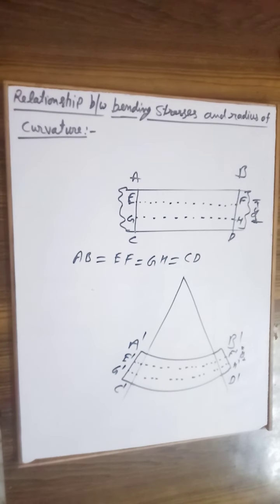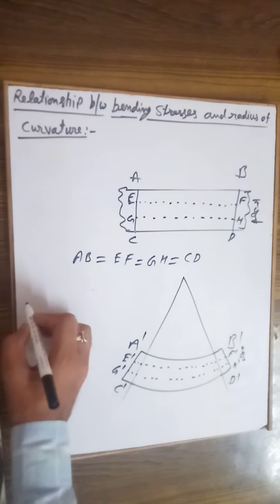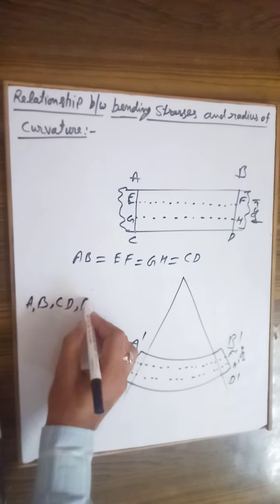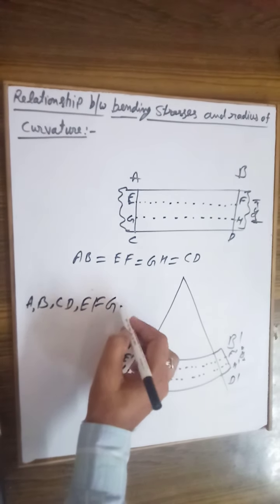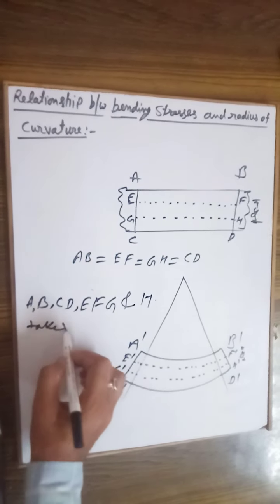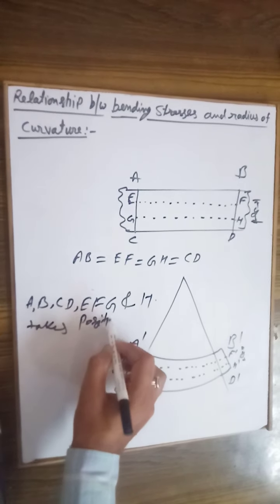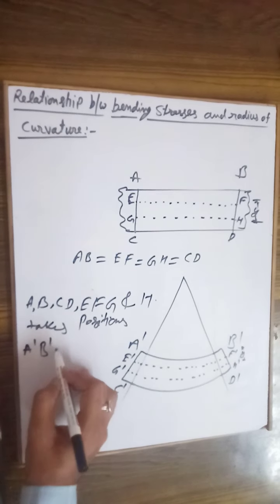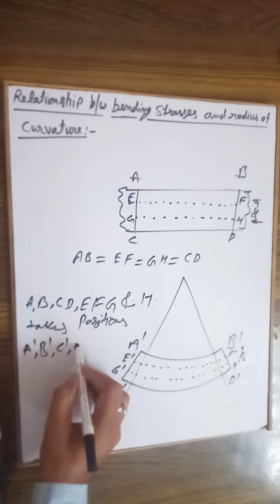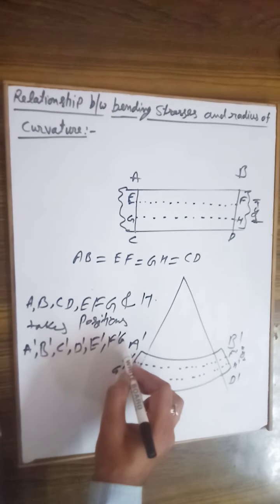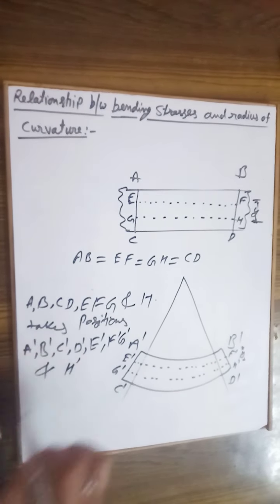Okay, so now after the bending, the points A, B, C, D, E, F, G, and H take positions like A dash, B dash, C dash, D dash, E dash, F dash, G dash, and H dash.